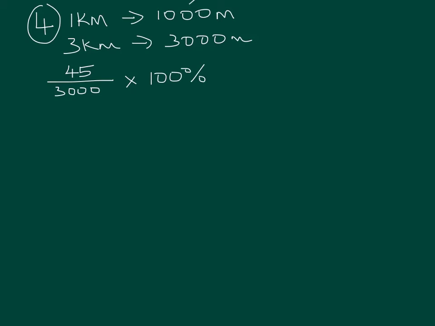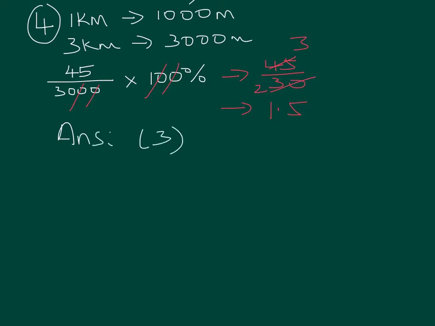We can take away the 0, another 0, and we will have 45 over 30, and divided by 15, we have 3 over 2, which is 1.5. So our final answer for question 4 is option 3, 1.5%.